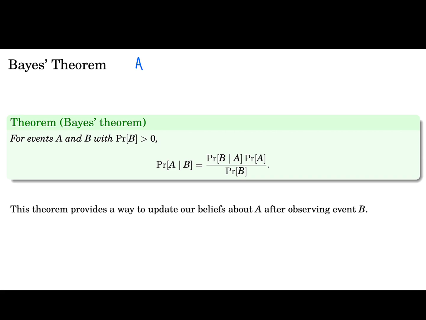So let's write the example we are looking at. If we let A be the event that the person has the disease, and we let B be the event that the test is positive, then we are interested in the probability that someone has the disease given that they tested positive.